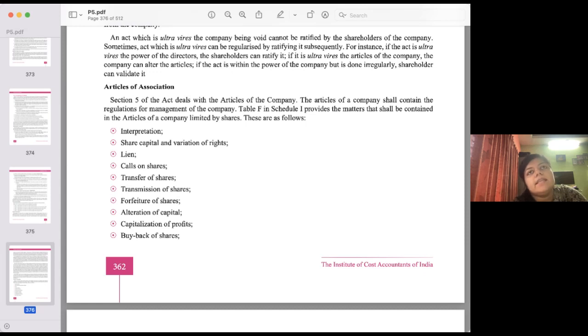The company can very well take you out of the company by forfeiting your shares and taking you out of the membership. But this is not something that is done at a drop of a hat.